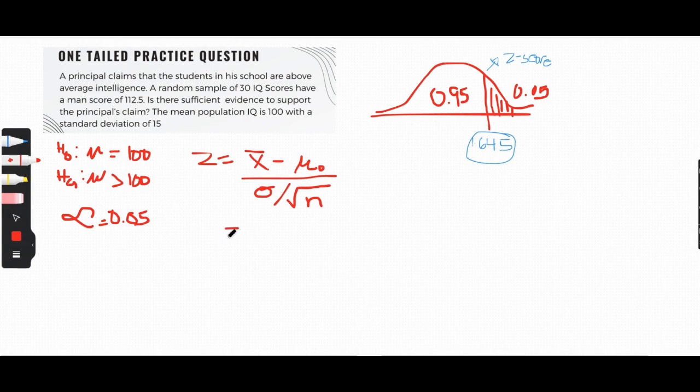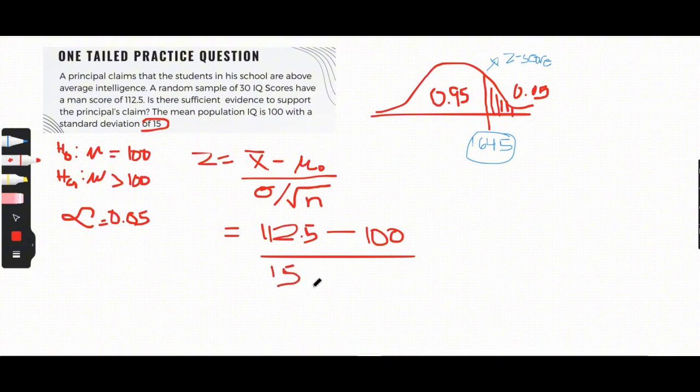For our sample mean, it is 112.5 minus our 100, the population mean, over sigma, our standard deviation, which is here, the 15, divided by the square root of our sample size, which is 30 here.